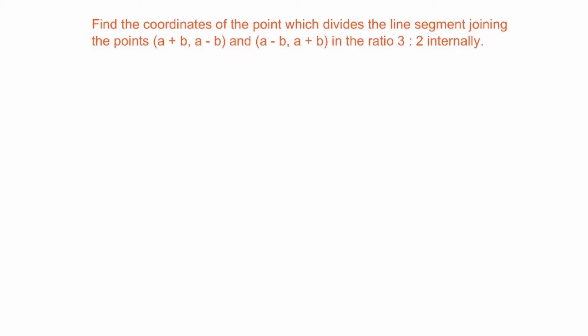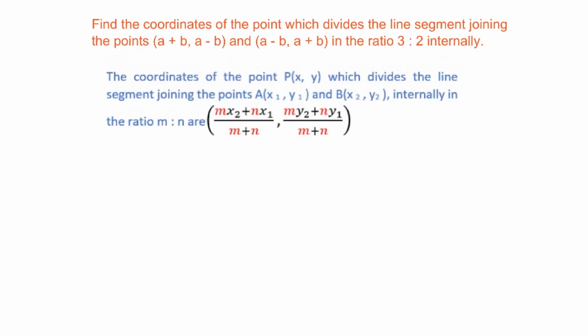Find the coordinates of the point which divides the line segment joining the points (a plus b, a minus b) and (a minus b, a plus b) in the ratio of 3:2 internally. So we have to find this using the section formula.